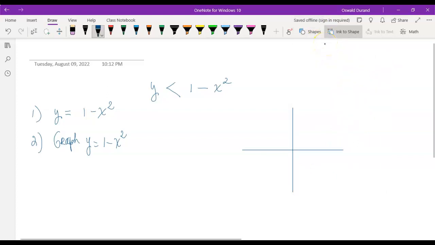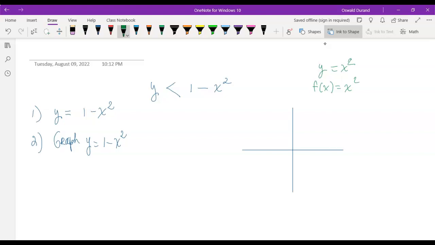All right, so here, this is f of x equal to x squared, where f of x is a notation for y equal x squared, right? So sometimes you may see f of x just means y. So y equal x squared is a basic parabola, right?